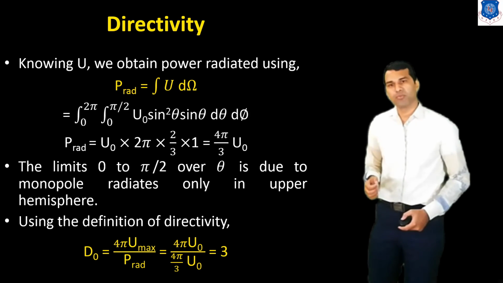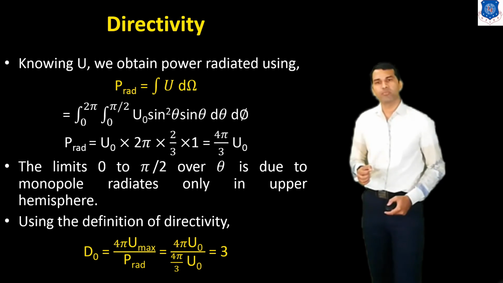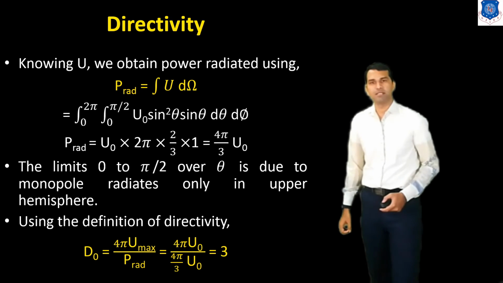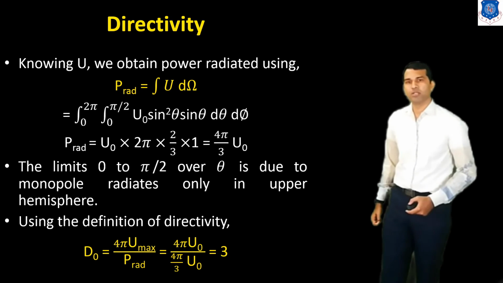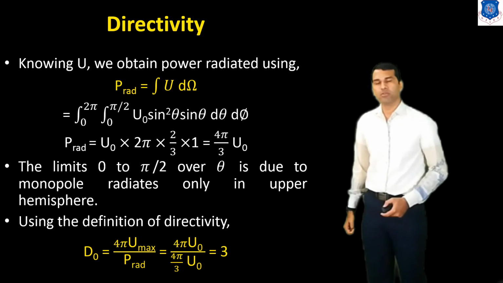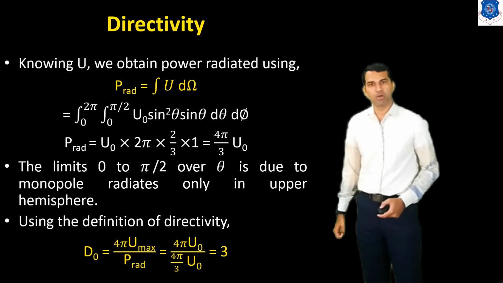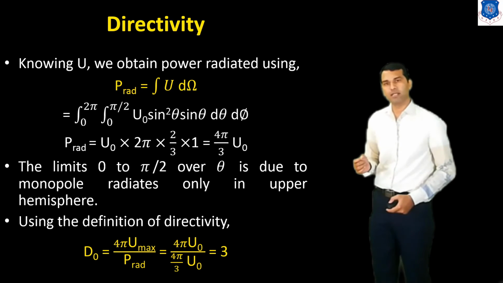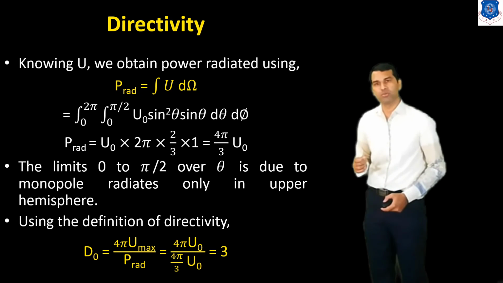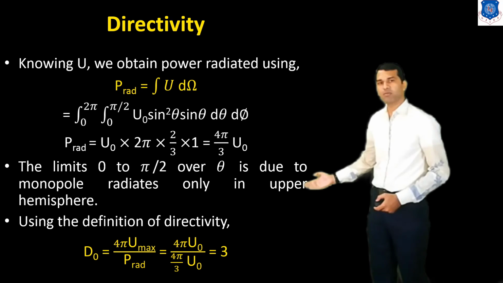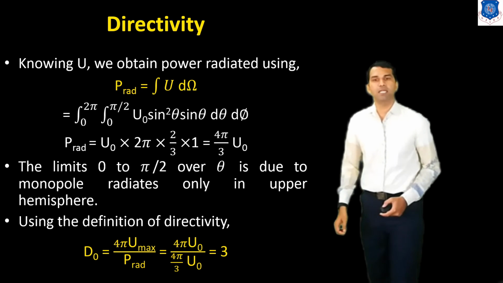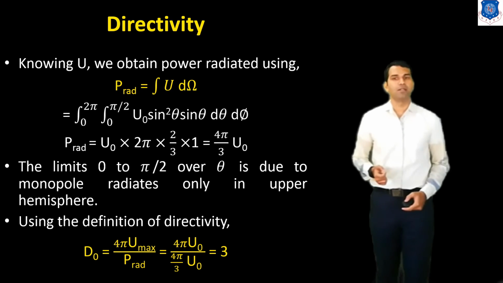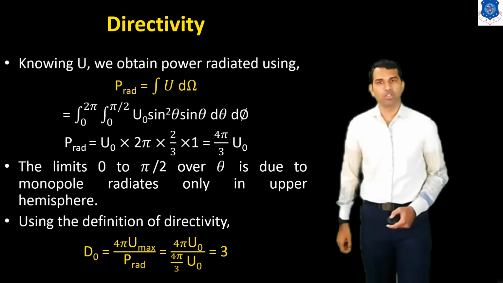So we get 4 pi into U0, and we have the power radiated as 4 pi by 3 into U0, and U max is nothing but U0, because we know sin square theta with theta equal to 90 degrees gives U max equal to U0. When we solve this equation, we get the directivity equal to 3. So for the monopole antenna, the directivity is 3.